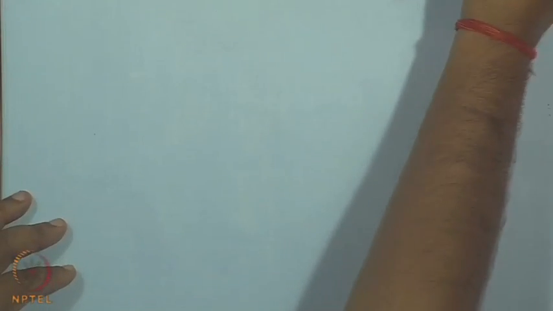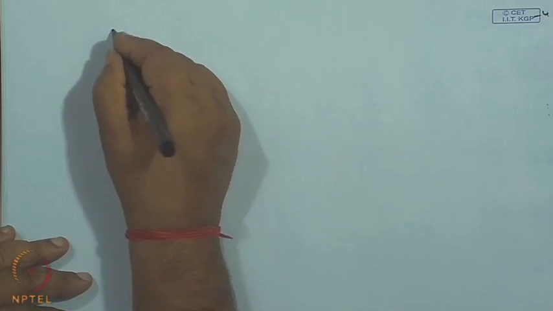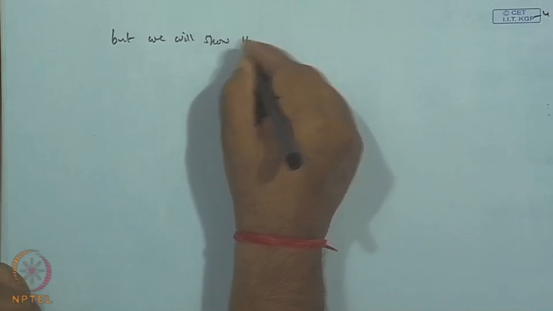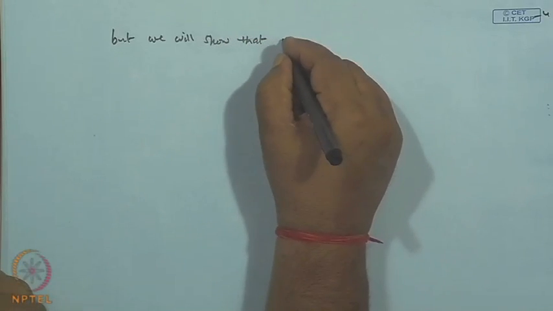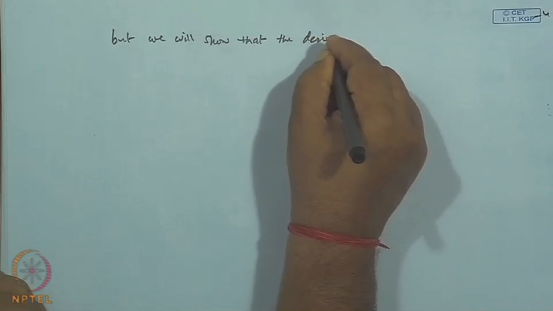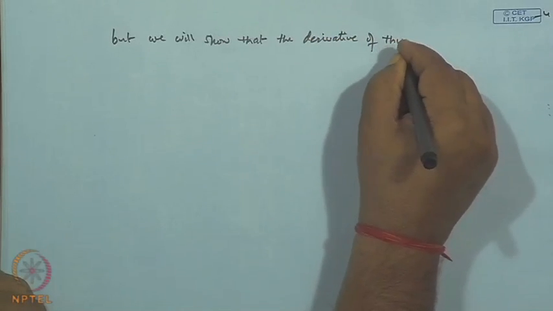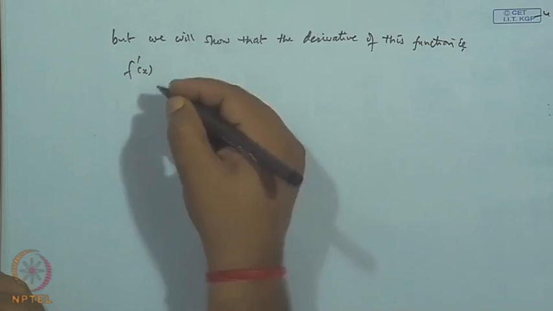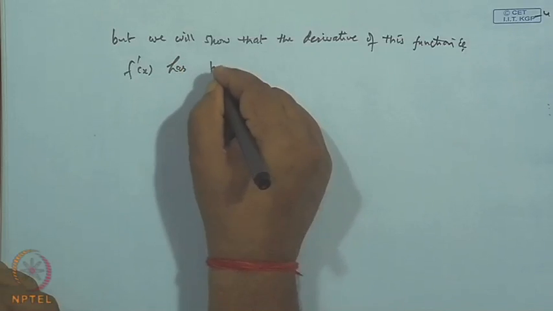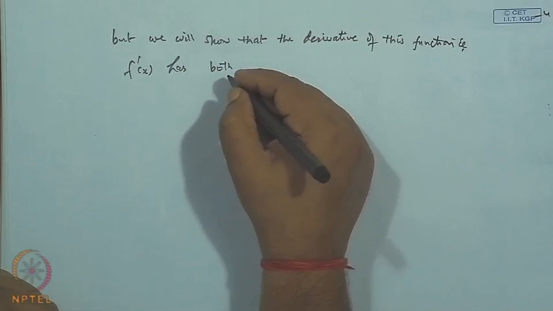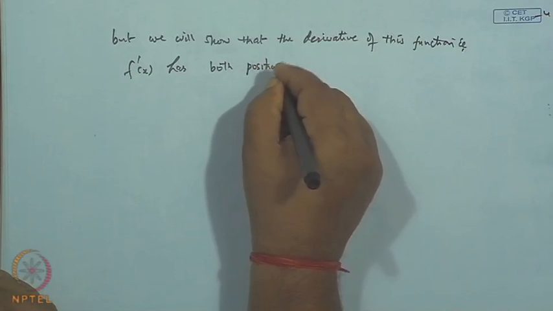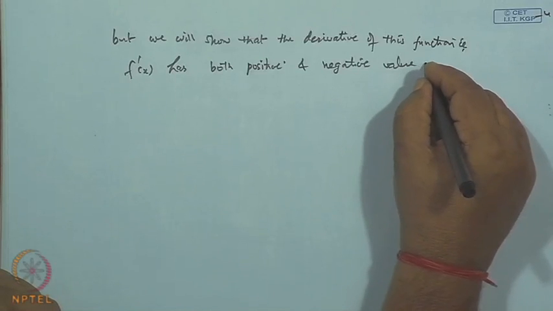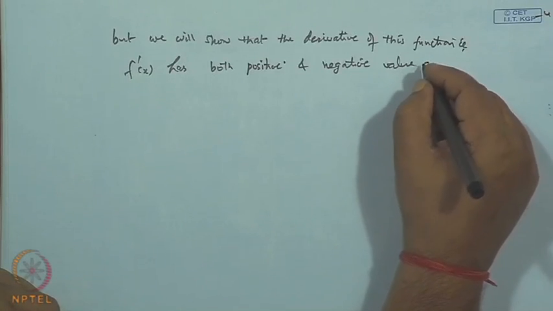But we will show that the derivative of this function, that is f prime(x), has both positive and negative values in every neighborhood of 0.